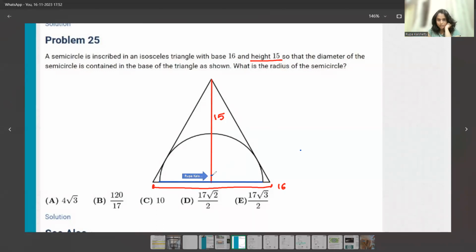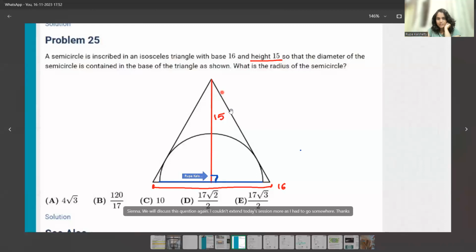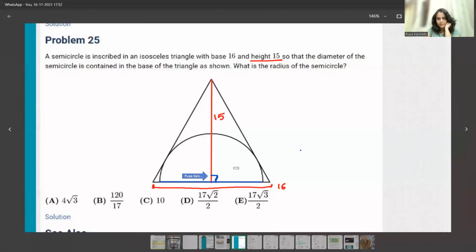So let's say this is a perpendicular line here, that is 90 degrees. If you look at this half triangle here, and there is this other half triangle, now what we are going to do is find the area of this triangle first.